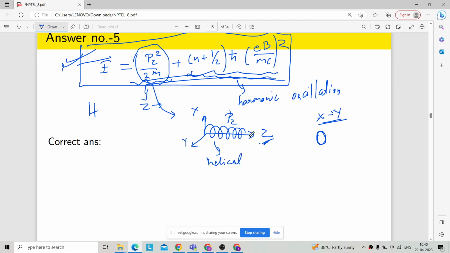Due to this applied magnetic field in z direction, this electron is moving in z direction, but it's also circulating around the field, right? So the motion is helical. So this is the answer. The motion is helical in this magnetic field. Okay, any questions so far?